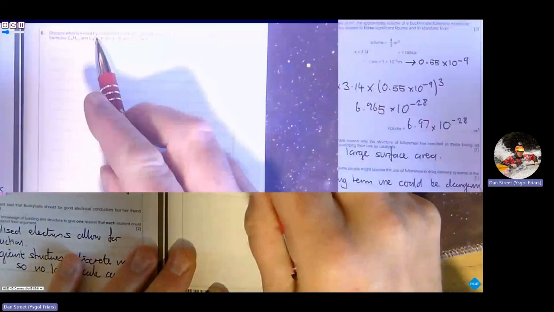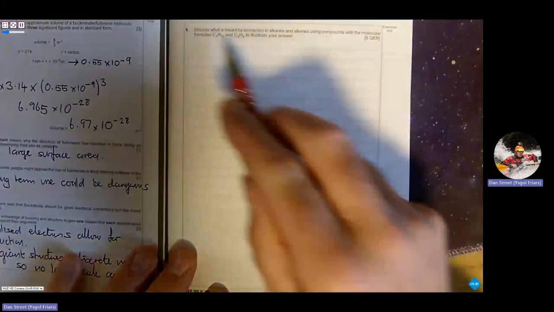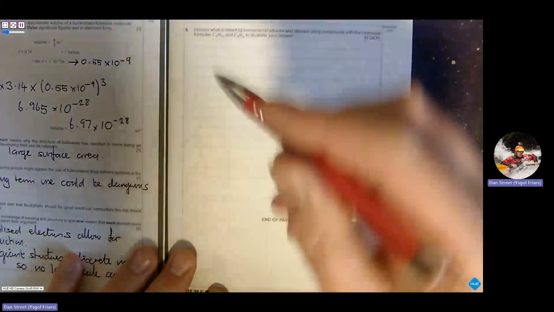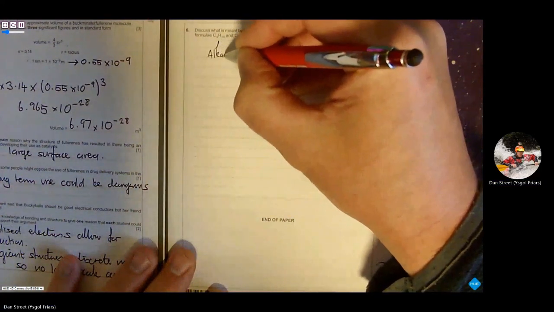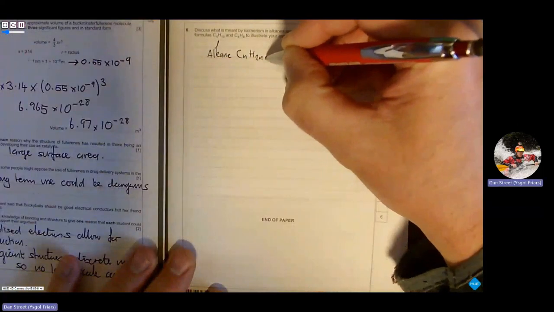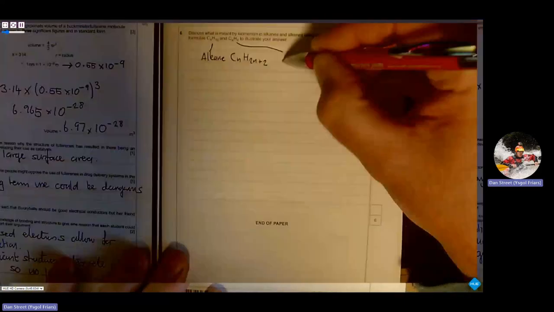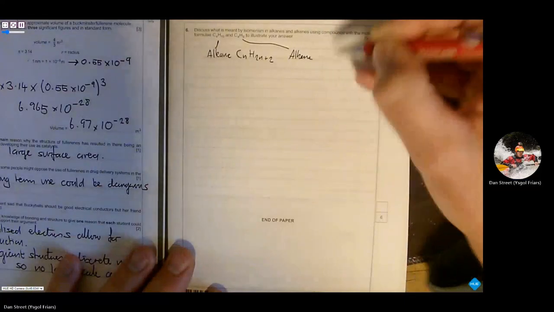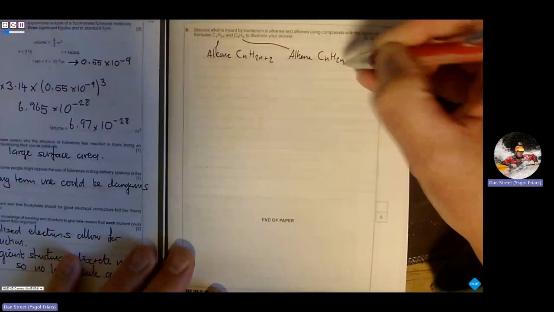So discuss what is meant by isomerism in alkanes and alkenes using compounds with the molecular formula C4H10. So from its formula, we can recognize that as the alkane because it fits the general formula CnH2n+2. And C4H8, that's going to be an alkene, as it fits the formula CnH2n.